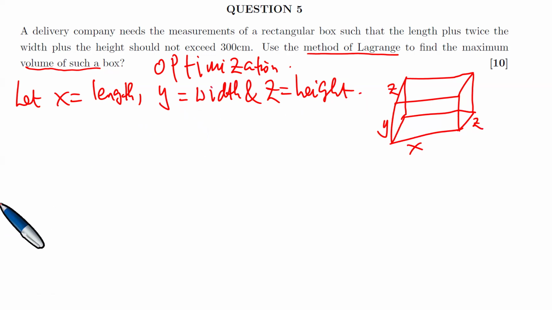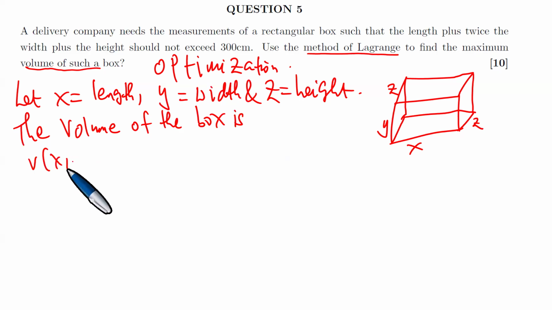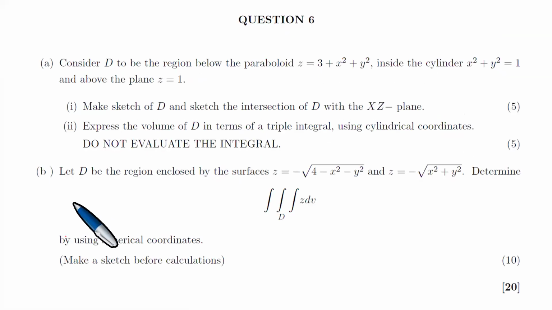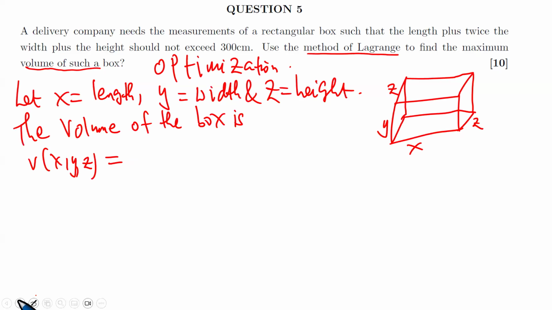Now, the volume. This one is from even high school, primary school. What is the volume of the box? It's a function of 3 variables because volume is area of base times height.